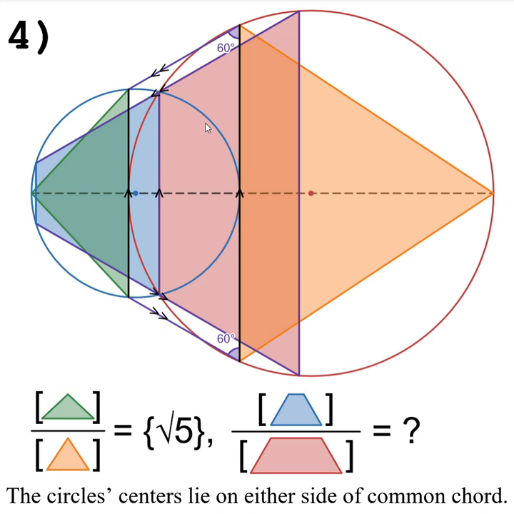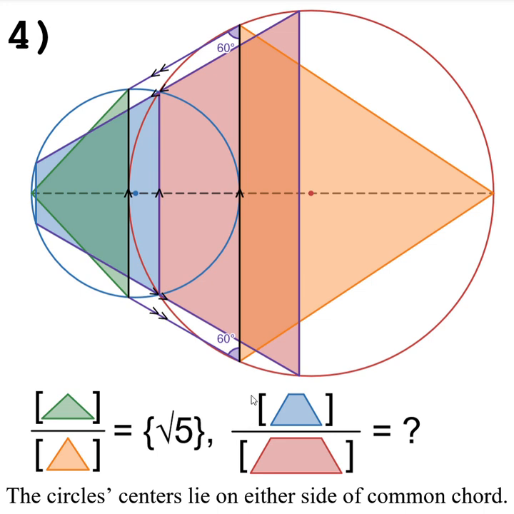And then you have the areas of these 2 triangles. So the ratio of the areas of these 2 triangles is the fractional part of root 5. That's what these brackets imply.